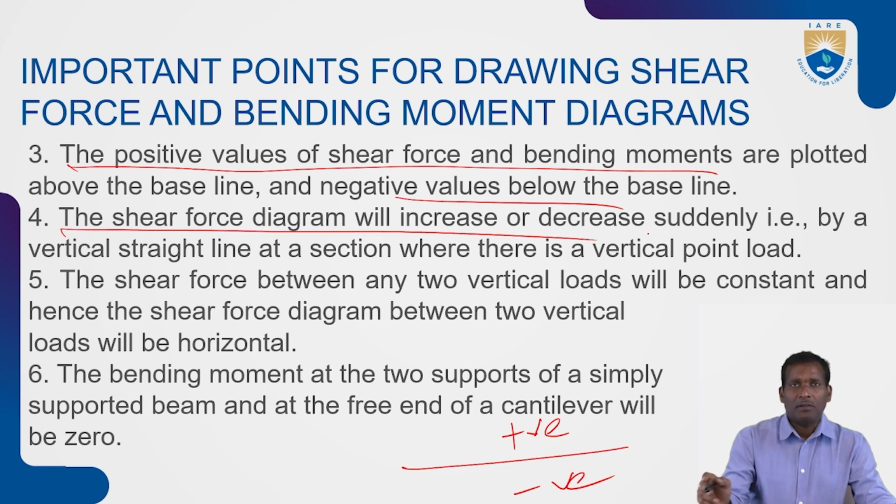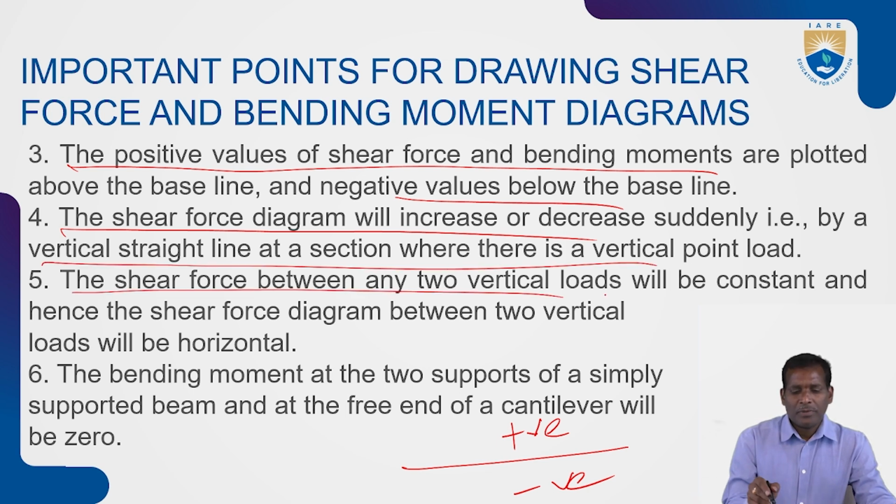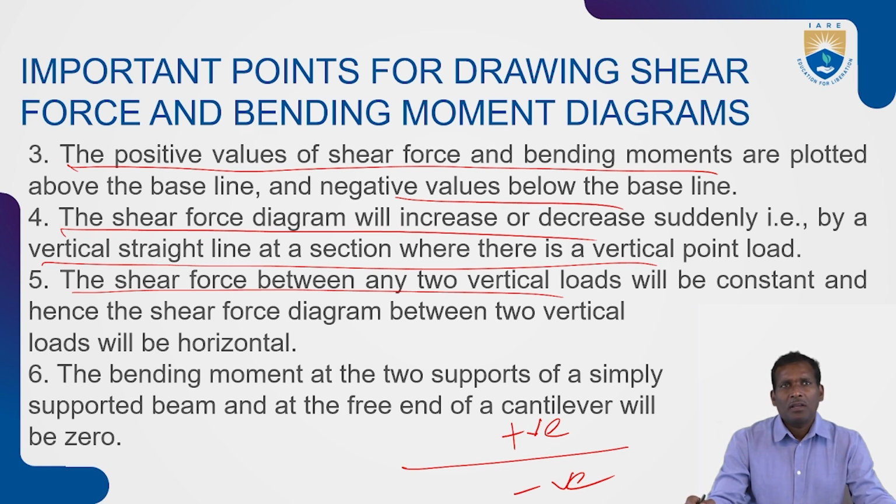The shear force diagram will increase or decrease suddenly, by a vertical straight line, at a section where there is a vertical point load. The shear force between any two vertical loads will be constant, and hence the diagram between two vertical loads will be horizontal.